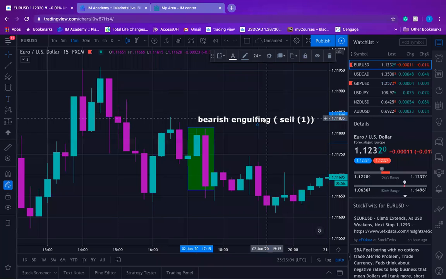It only takes one big red candlestick to engulf that one green candlestick. It only takes one candlestick to engulf that one green or blue candlestick. So basically the sellers are in control of the buyers. This is an entry point that you could get in for a downward trend.